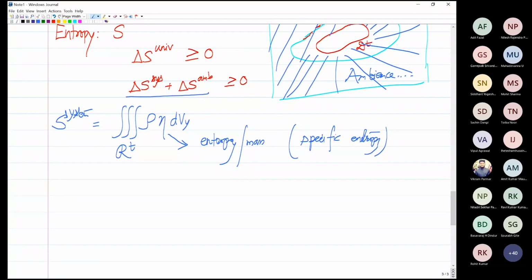Another way to look at this second law of thermodynamics says that the change in entropy of the system minus the entropy supplied, which we can call delta S external, is greater than or equal to 0.